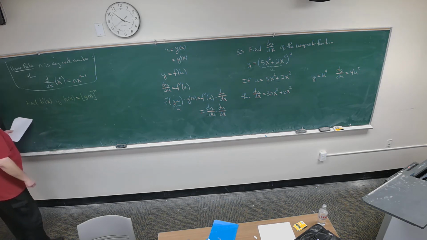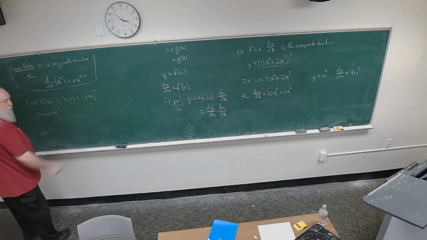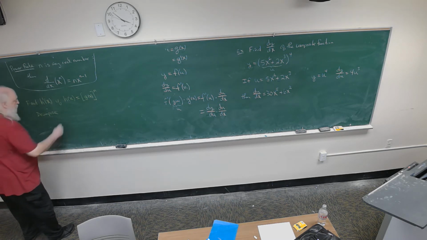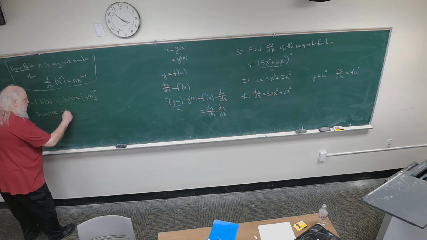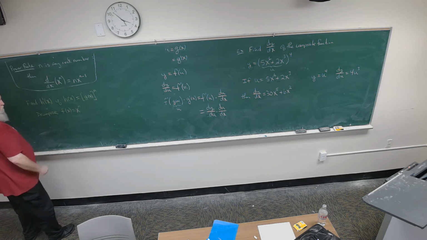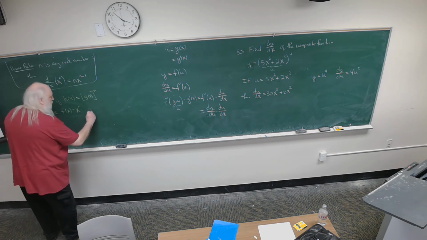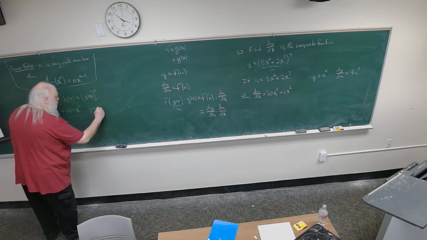So to do this, we're going to decompose our function on the right-hand side here. f of x, the outer function, is x to the n, like up here. And g of x is the inner function.